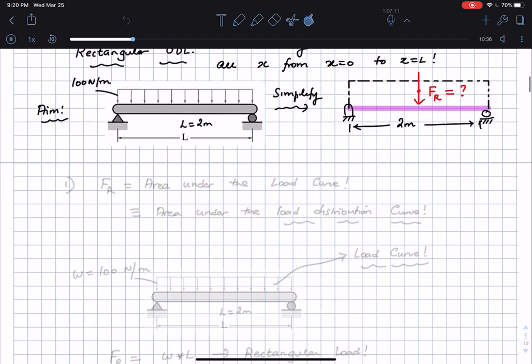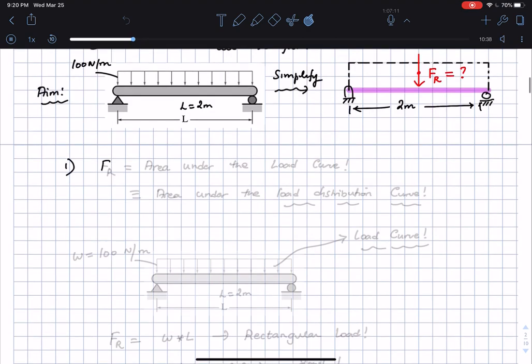Okay, so the first step is FR is equal to the area under the load curve, or the load distribution curve.